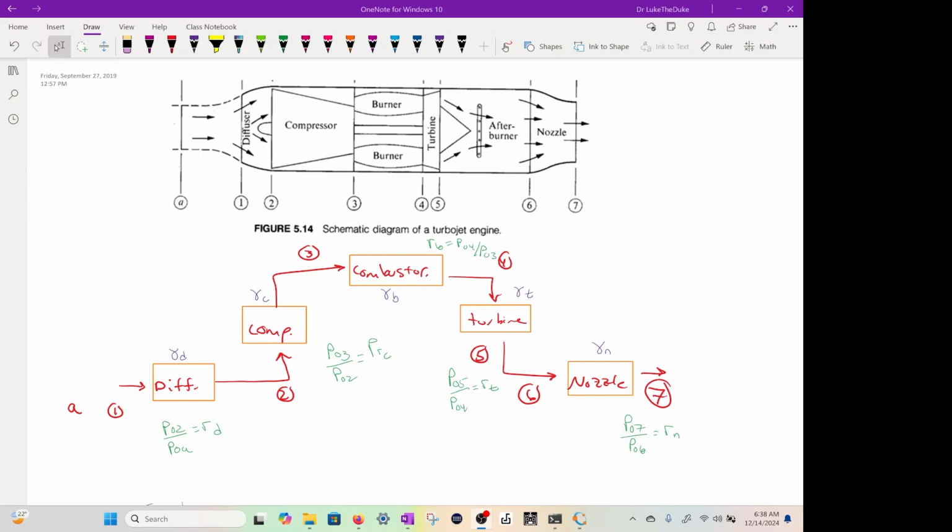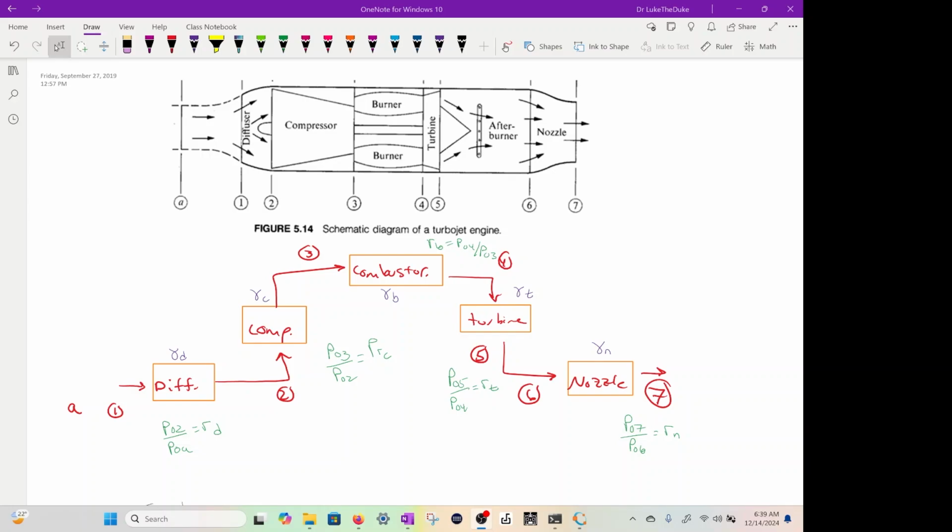The turbine RT, P naught 5 over P naught 4, and P naught 7 over P naught 6 for the nozzle. Now, some of these ratios for pressure, if I don't provide them, we're just going to assume 1. So again, each component can have a pressure ratio, has an efficiency, has different specific properties for air going through it.